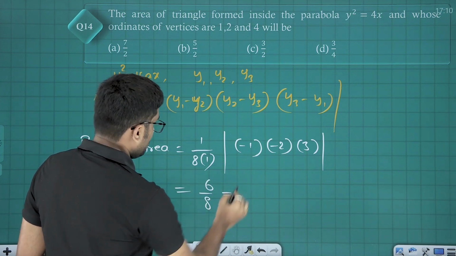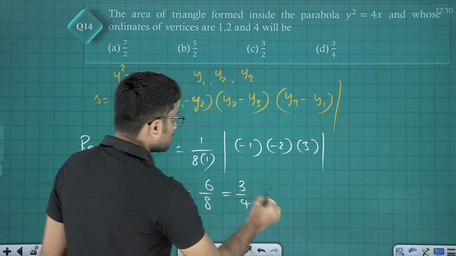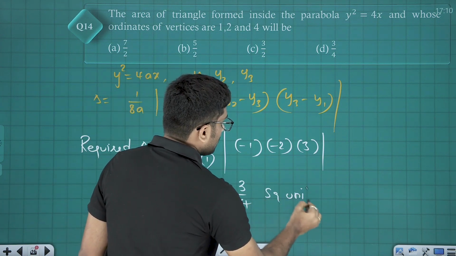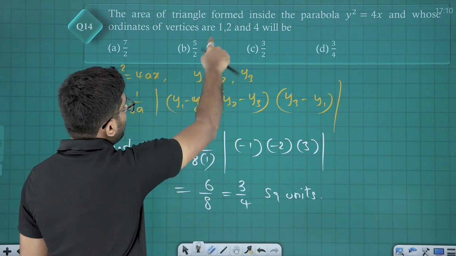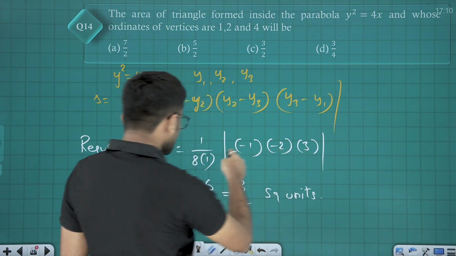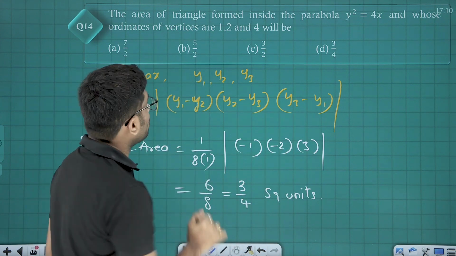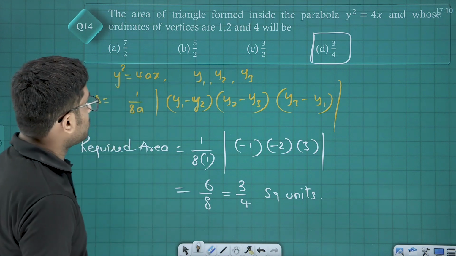That is clearly 6 by 8, which is nothing but 3 by 4 square units. So 1 by 8 into 1 minus 2, 2 minus 4, 1 minus 4, so 3 twos are 6, 6 by 8 is 3 by 4 square units. Option D, 3 by 4, which is option D.